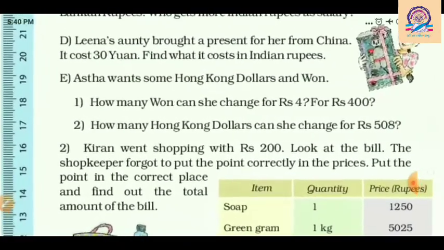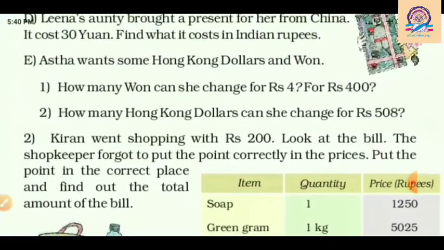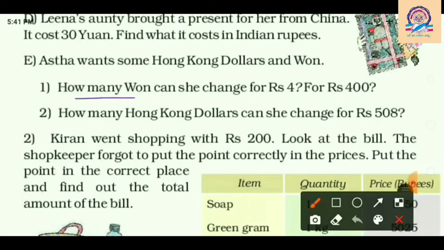D we have solved. Now E. Astha wants some Hong Kong dollars and won. So first is here, how many won can she change for 4 rupees and also for 400 rupees? So won. Now another currency we got, and won is the currency of Korea.